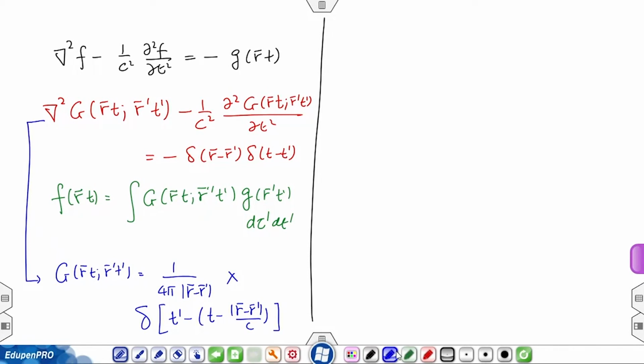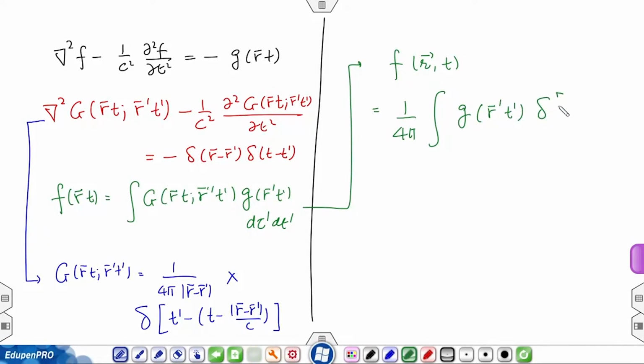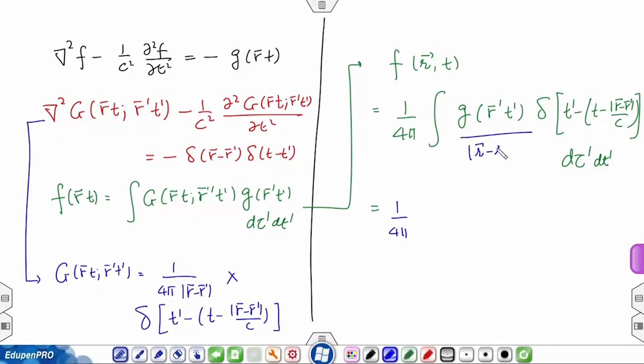And therefore, the solution f r t is equal to 1 over 4 pi integration g r prime t prime times delta t prime minus t minus mod r minus r prime over c d tau prime dt prime, divided by r minus r prime.